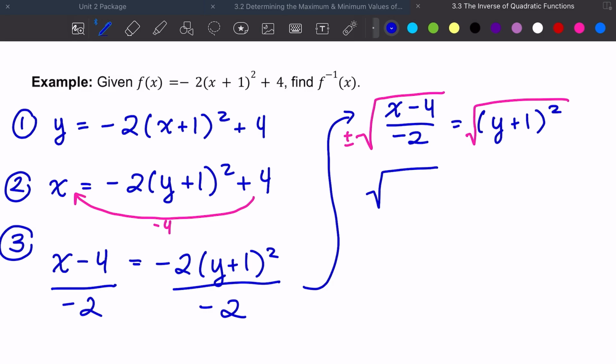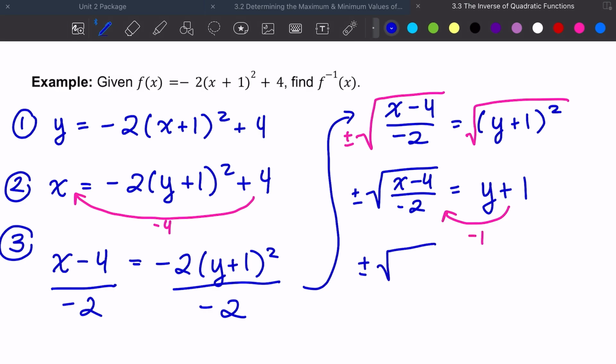So now I've got plus minus square root of x minus 4 over negative 2 is equal to y plus 1. Now I've freed up whatever's in my brackets, the B, the start of BEDMAS. So now I can move over the 1 to the other side. So now the inverse is plus minus square root of x minus 4 all over negative 2, minus 1.